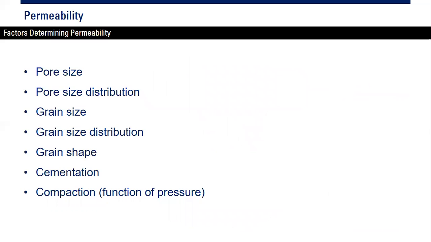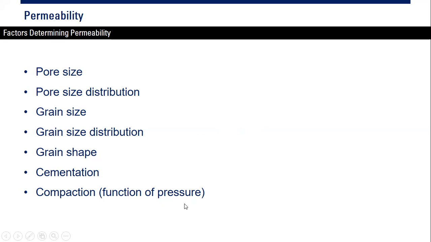Okay, factors determining permeability. There are many factors: pore size, pore size distribution, grain size distribution, the shape of the grain, cementation, and compaction, which is a function of pressure.